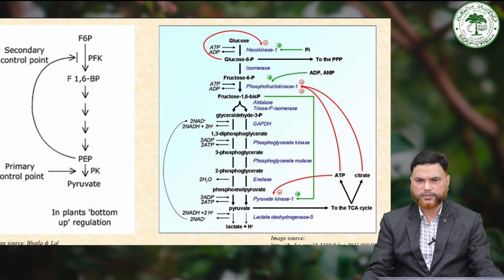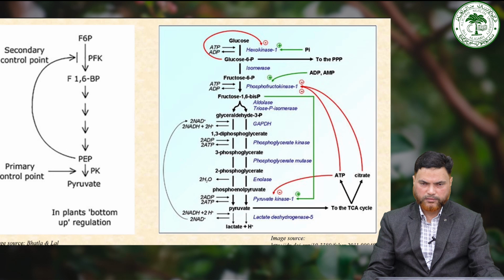Conversely, an abundance of ATP signals a high energy state, leading to allosteric inhibition of glycolytic enzymes to prevent unnecessary production of ATP. This allosteric regulation ensures that cellular energy production aligns with the dynamic energy demands of the cell, thereby contributing to overall homeostasis of energy metabolism.